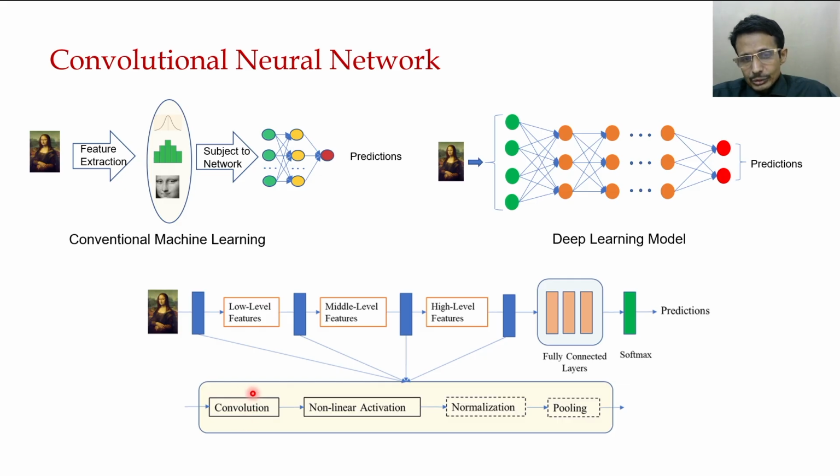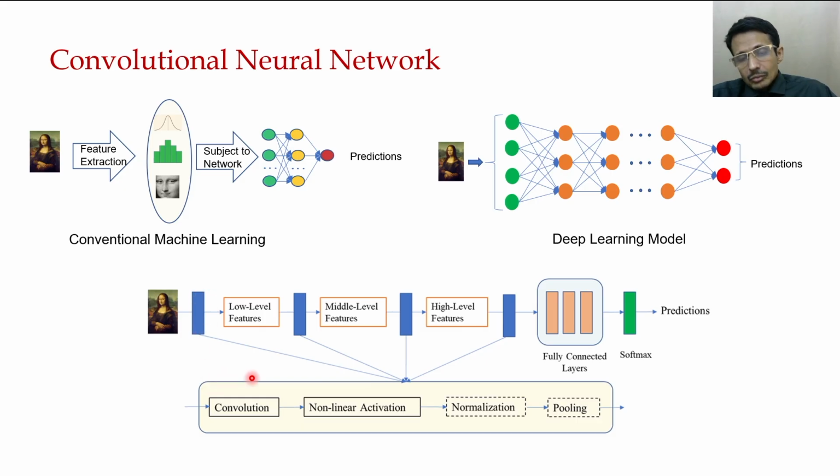Then there is the activation function that we have seen before, which may be a sigmoidal activation, ReLU activation, leaky ReLU activation and so on. Then there may be some normalization, for example a local contrast normalization, and then another important step is pooling. So these 4 steps are in general part of a single layer.